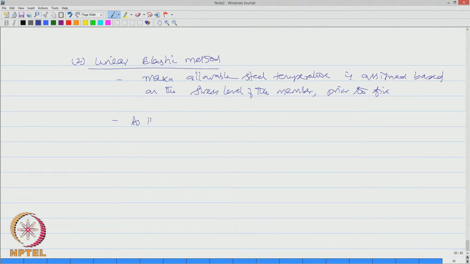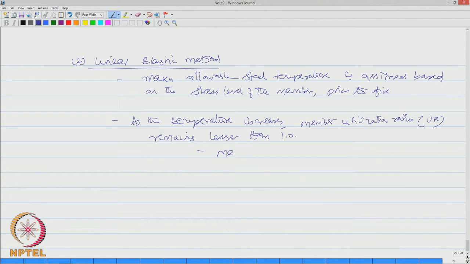Therefore, as the temperature increases, the member utilization ratio, which is UR, remains lesser than 1. That is, the member is treated to behave elastic.